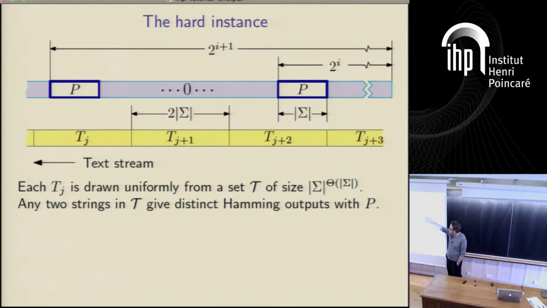So the general idea is we show the existence of one of these things, which gives lots of different possible answers, and then we sample these so that we get a different answer for any 2 different strings in it. Okay. So that's the general proof idea.